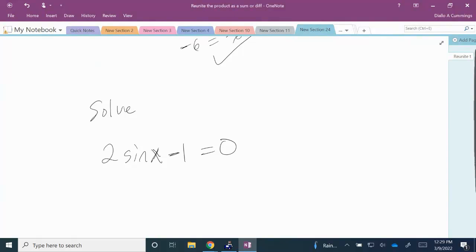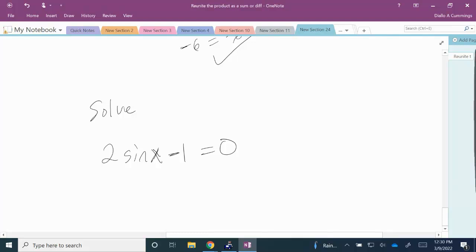All right. So the first thing you should notice is that this is a linear equation, right? Because I have the sine of x, and that sine is raised to the first power. Right? Now, if this were like 2 sine squared x minus 1, that would throw it into the realm of being a quadratic equation. Right? So if you have a square, you treat it as a quadratic.